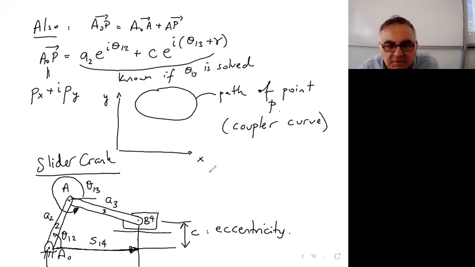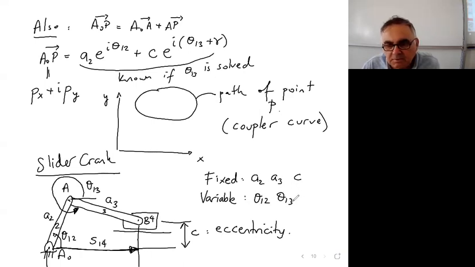So the fixed things are A2, A3, C, and variables are theta 1, 2, theta 1, 3, and S14.